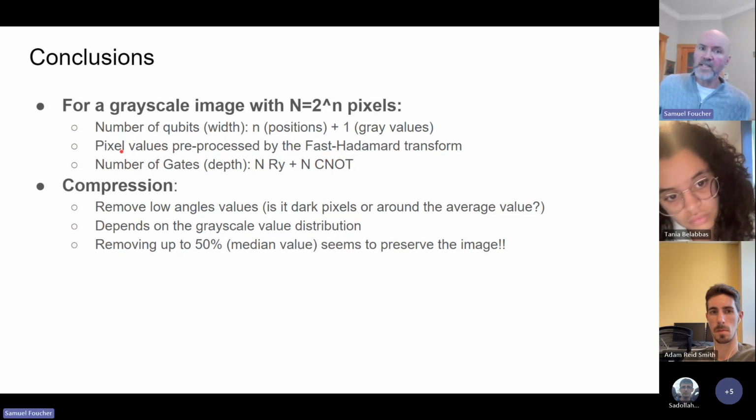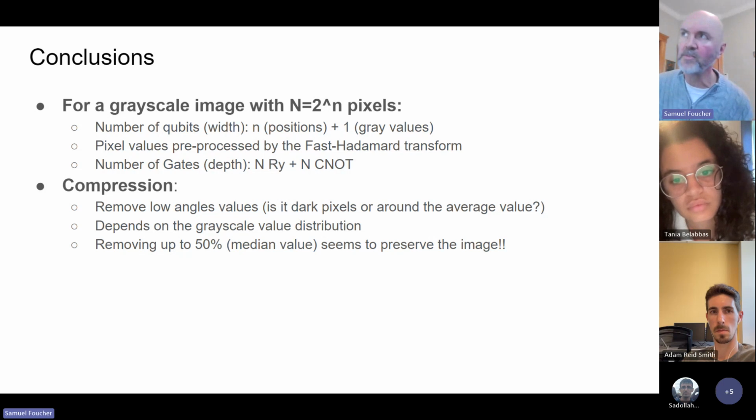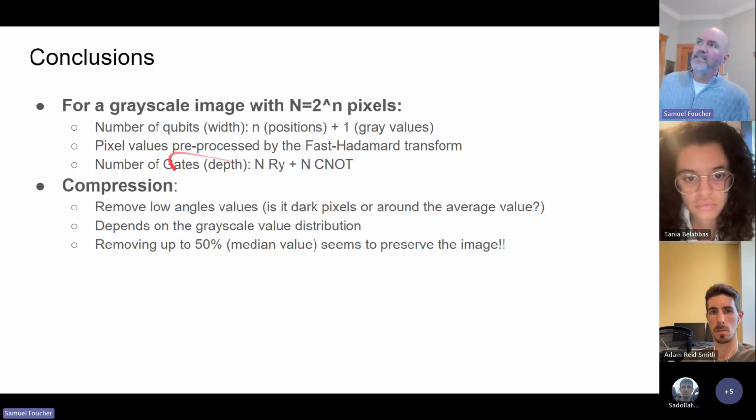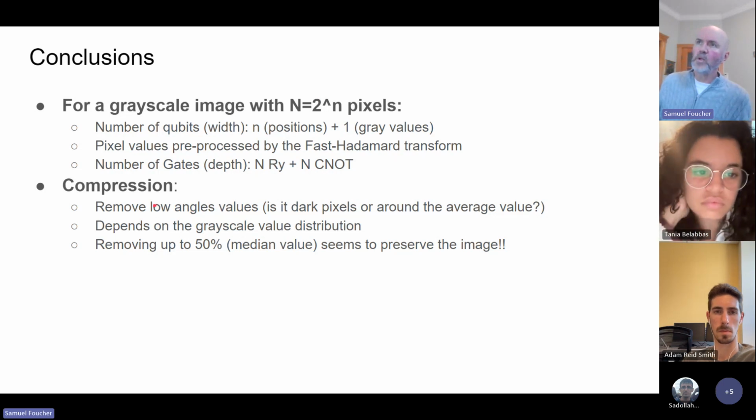The way they do it is they need to pre-process the pixel values using the fast Hadamard transform, which is what I explained before. Then before compression, you get the number of pixel rotations, entirely with n CNOTs. So it's quite costly at that stage. And the compression will consist in removing low angle values, so basically the black pixels, right?